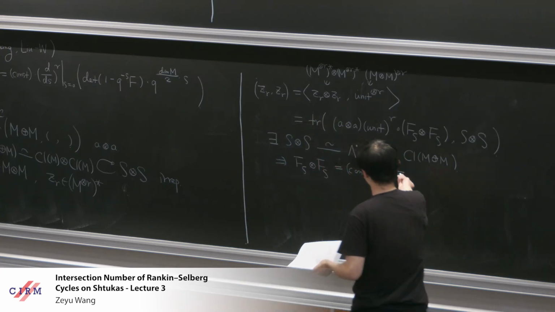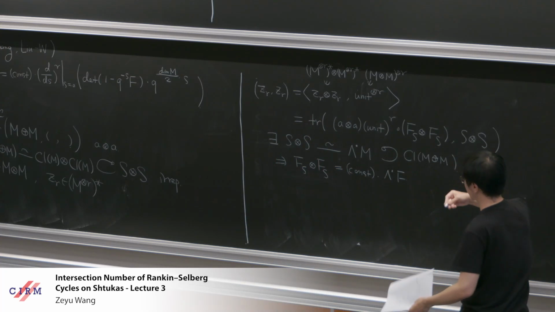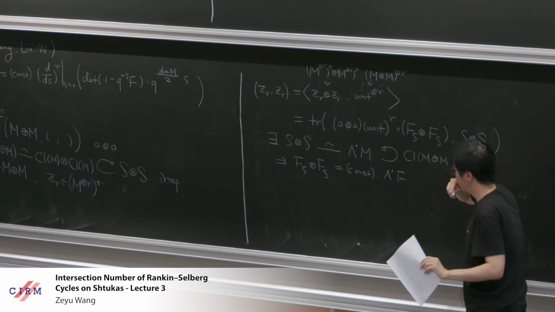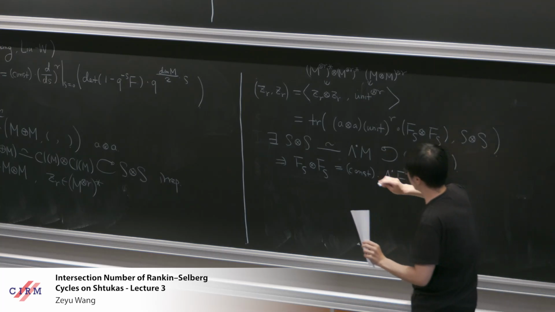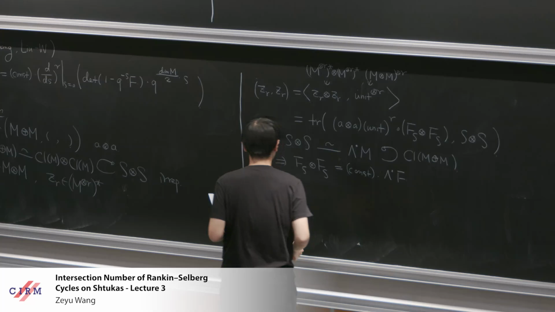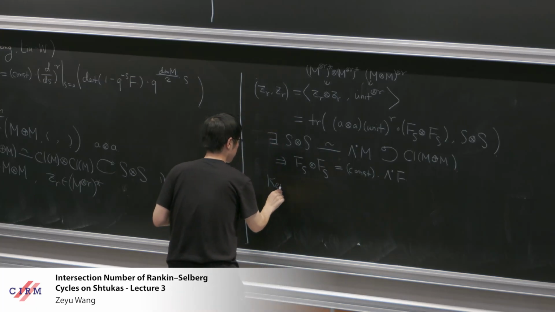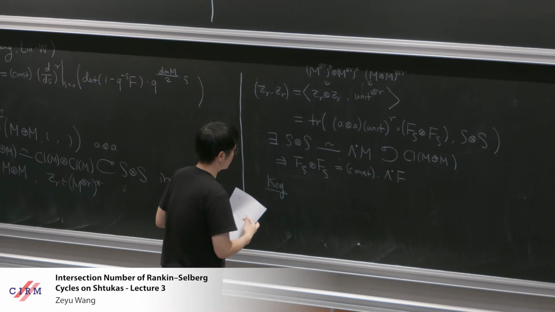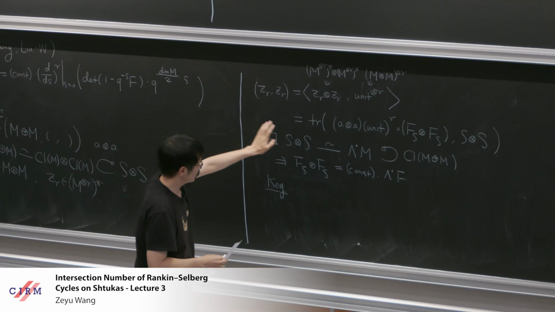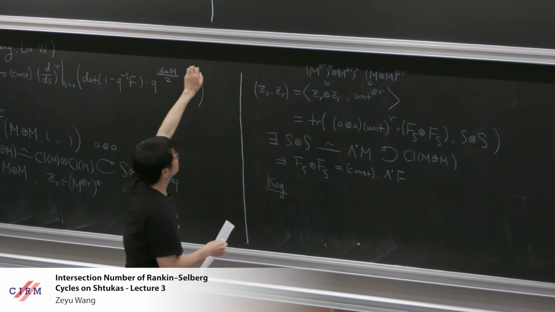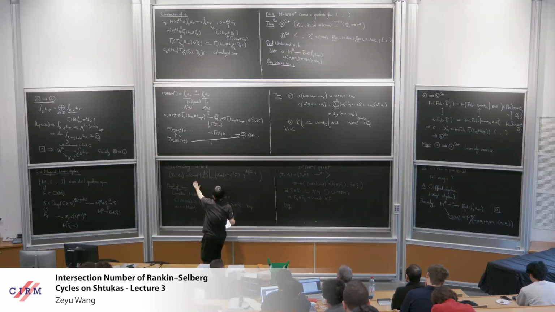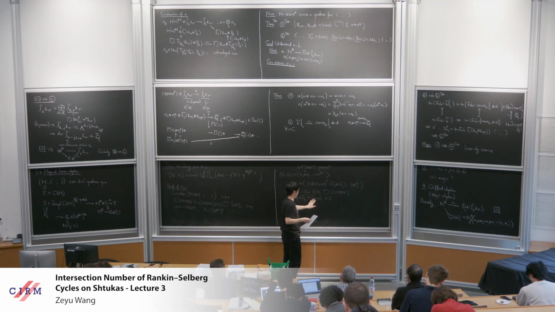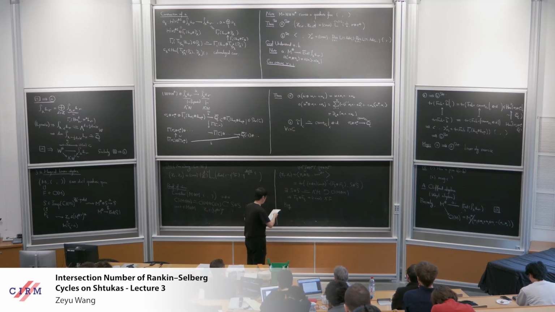That's something you can check. And I should say that this constant is responsible for the constant here, and you can make this constant more explicit in terms of the spinor norm or something.